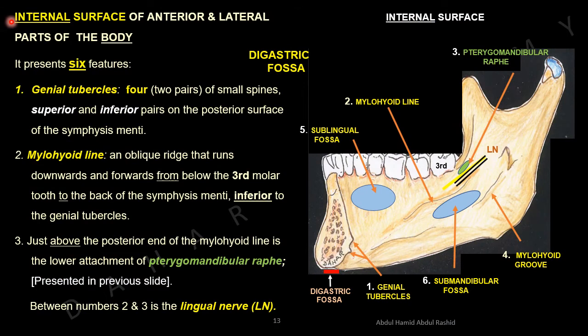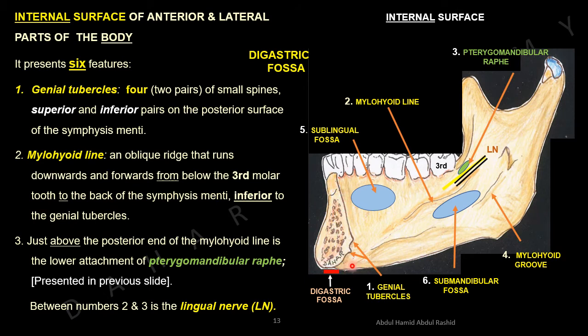Internal surface of the anterior and lateral parts of the body. This is the right half of the mandible. We are looking at the internal surface of the right half of the mandible. This is the anterior part, which is the symphysis menti.